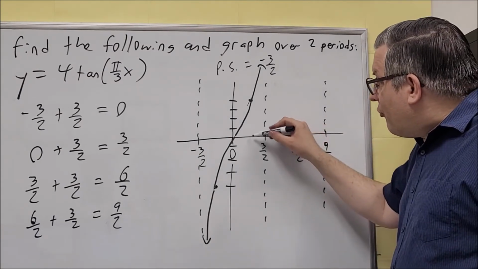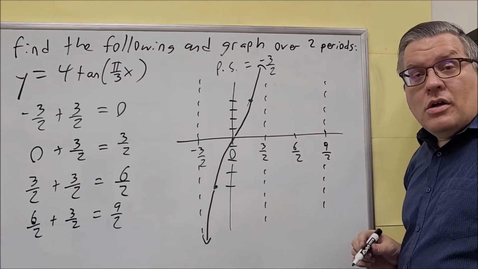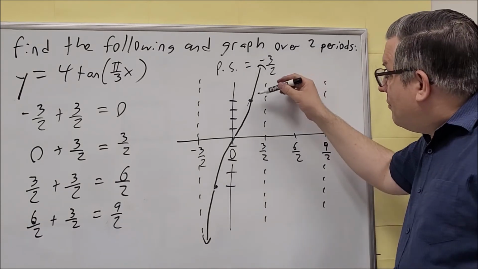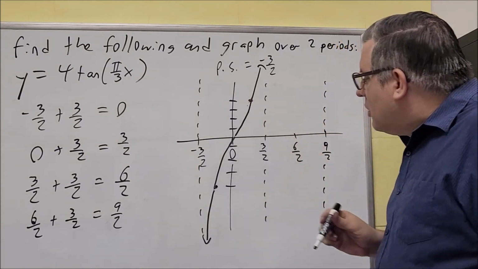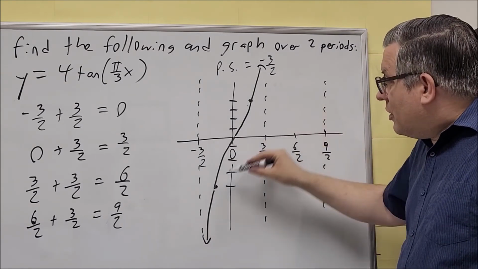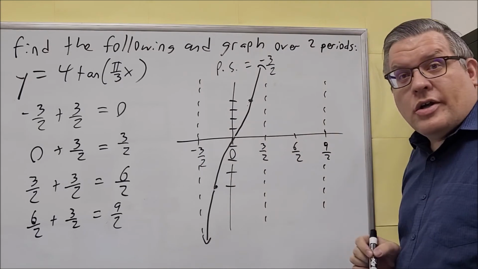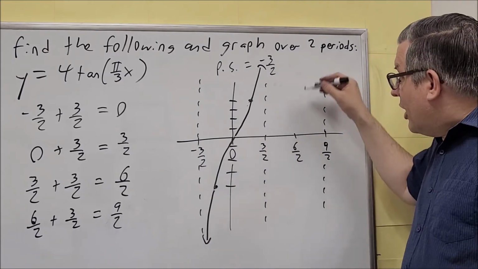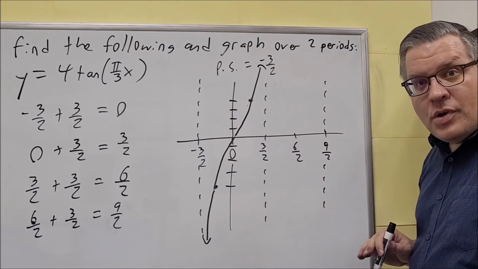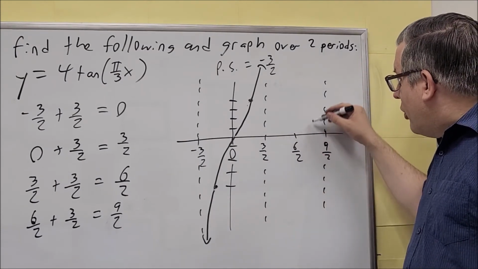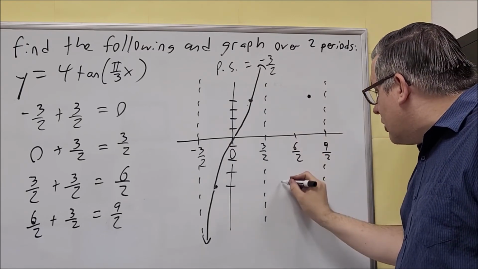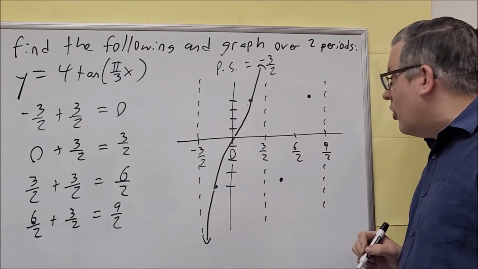Now we could go ahead and find the coordinates for those, but I'm not going to ask for that level of detail for these kinds of problems. But as far as choosing a correct graph or knowing where it goes through, these points right here are where it would cross through. Likewise, the other one, because that's one period, we have to do 2 periods. The second one, again, the halfway point right here is going to hit at 4, and the other one's going to hit at negative 4 down here.